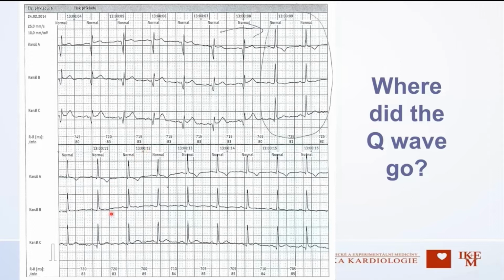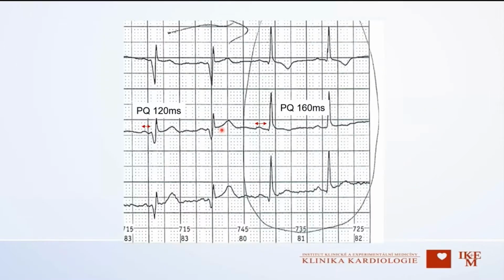And obviously, this is the delta wave, and only a negative one. And if you look closely, you can see that with this Q wave or delta wave, the PQ is shorter, and with the narrowing of the QRS, the PQ gets longer, which argues against aberrancy, because with aberrancy, if you have a longer PQ, you would have a wider QRS. That is not the case.